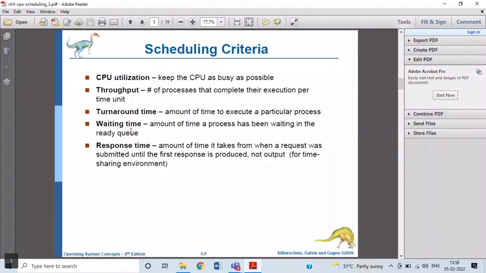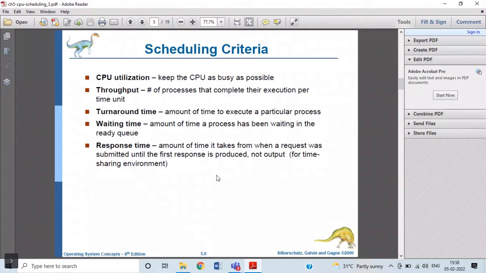So now you tell me, students, should the CPU utilization be maximum or minimum? Maximum. Yes, good. The CPU should be utilized maximally. What about the throughput criteria?